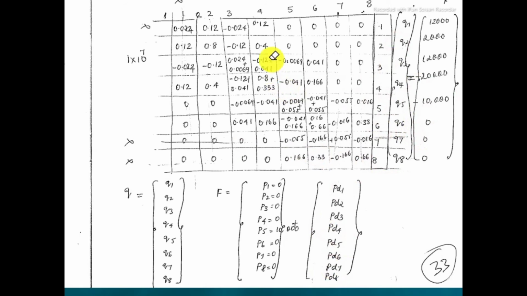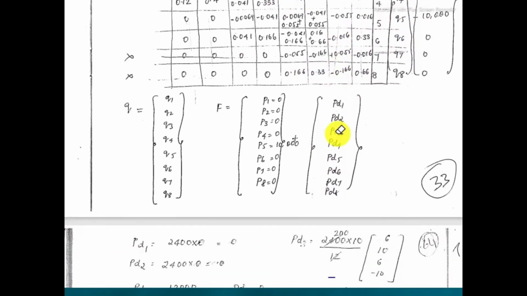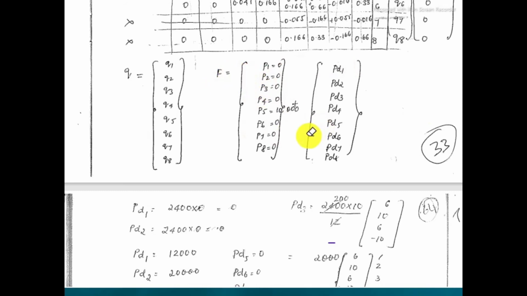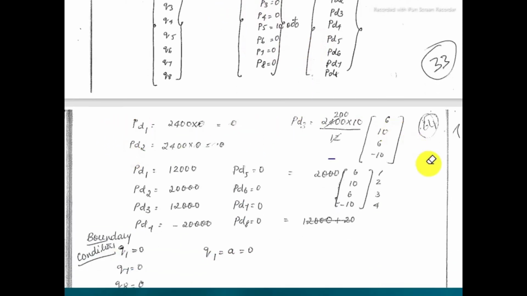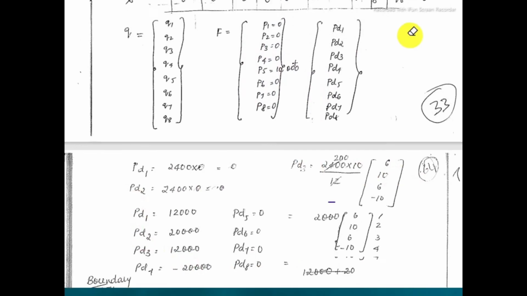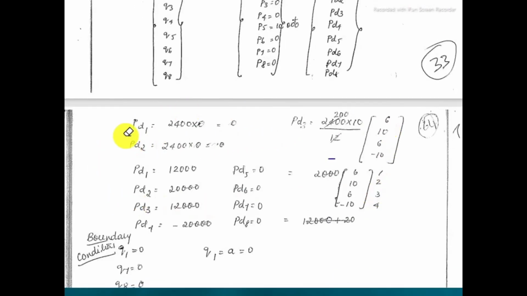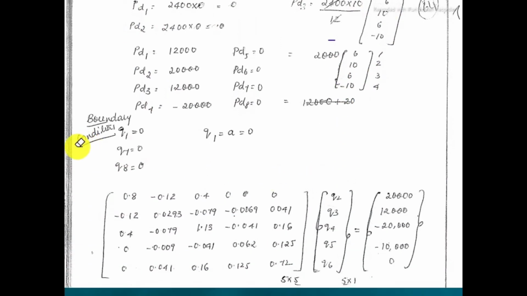Now after this elimination, again the same step for calculating F is followed using the equation. Whatever you have substituted here in the F equation, the steps for them are written here. These are the boundary conditions, whatever I told you just now.